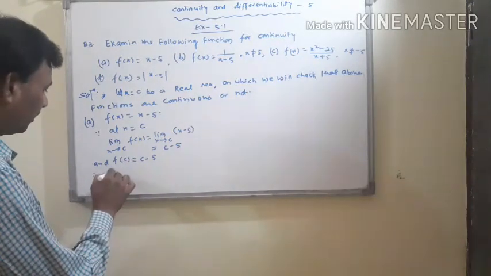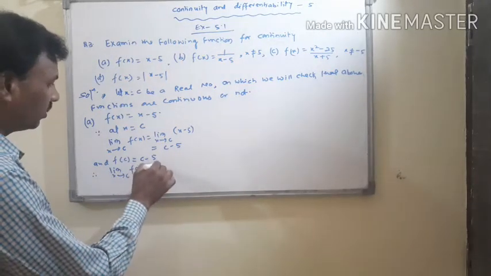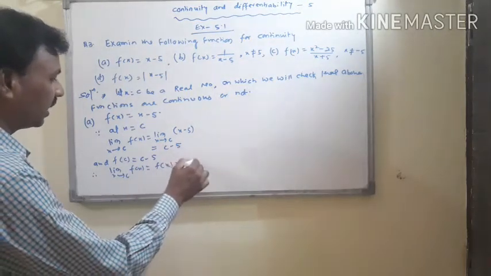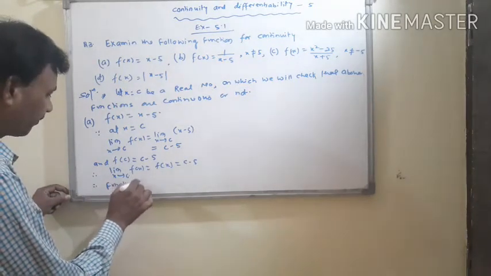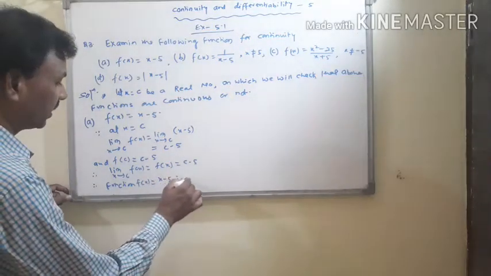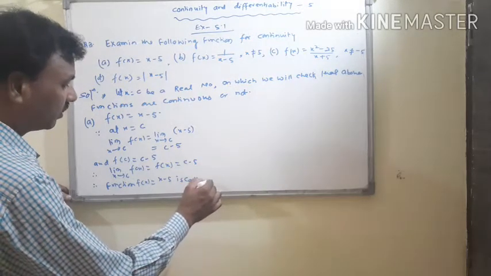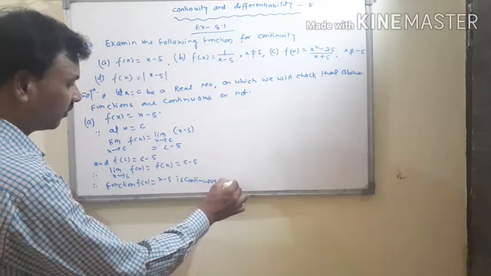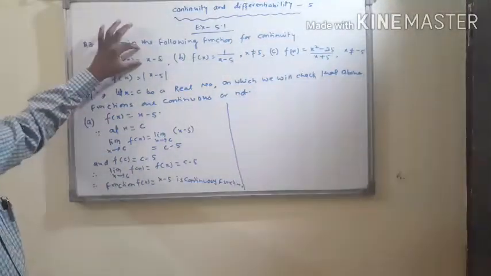Therefore, limit x tends to c f of x equals f of c, which equals c minus 5. Therefore, the function f of x equal to x minus 5 is a continuous function. This is the solution of the first question.